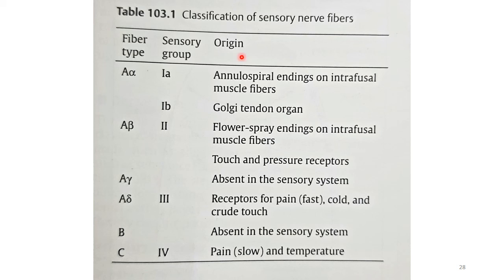So different types of fibers can be grouped into groups 1 to 4: from where they originate, what are their functions. So after the classification you learn sensory group, origin you must know, and their function.